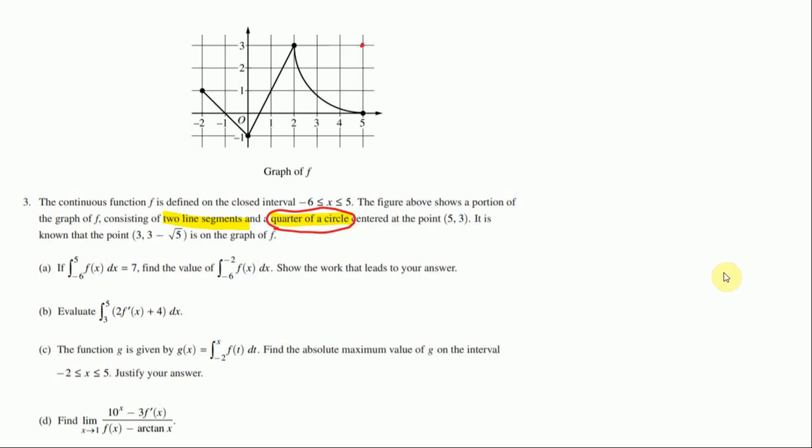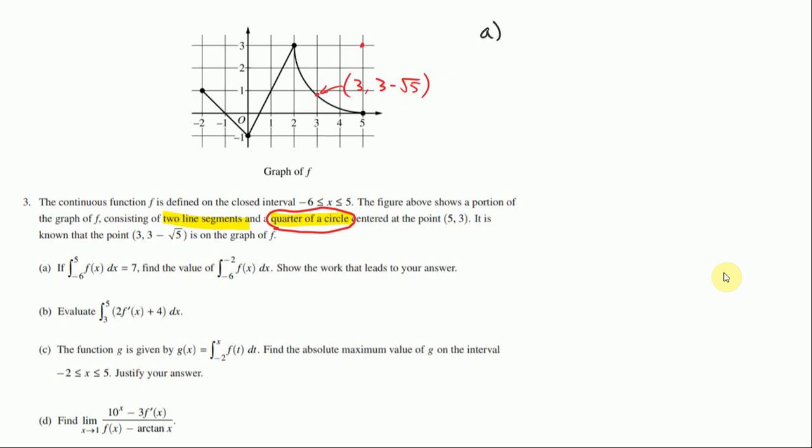It is known that the point (3, 3 − √5) is on the graph of f. Okay, so let's also put that point there. Here's 3, and this is going to be point (3, 3 − √5). Now that that's out of the way, let's get to the question.